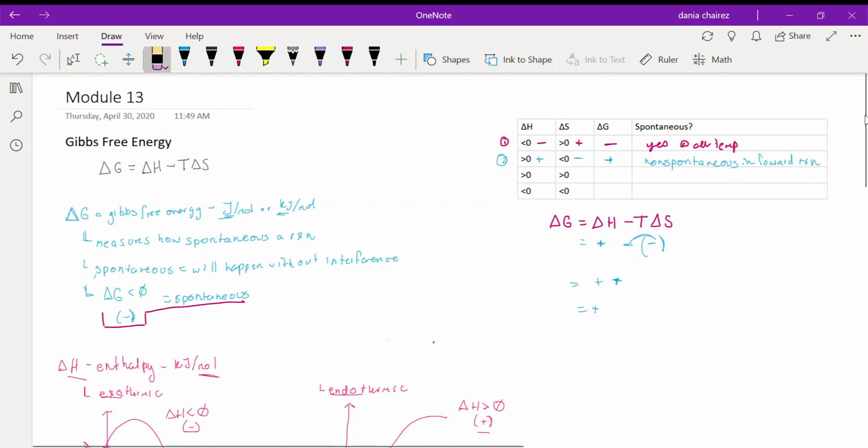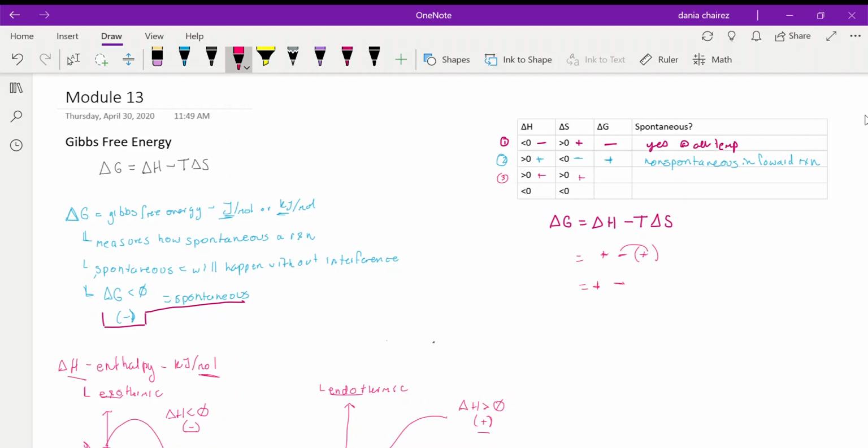So then moving on to the next problem, 3. We have that both of our signs are positive. So we have a positive this, and then we have a negative and a positive, and we're going to redistribute that. So we have a positive and a negative.